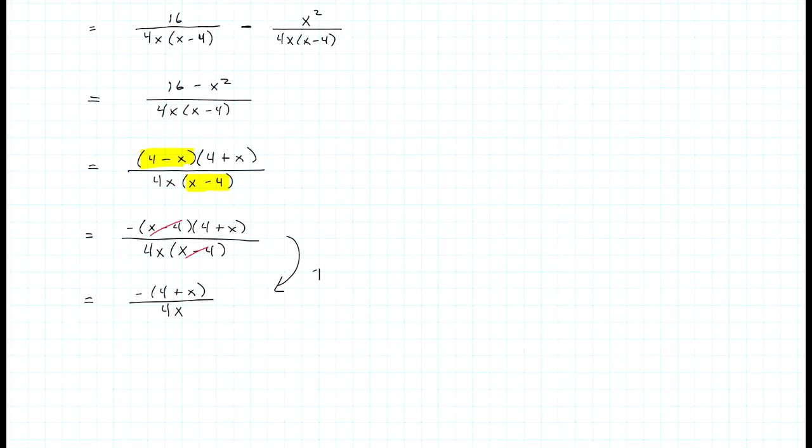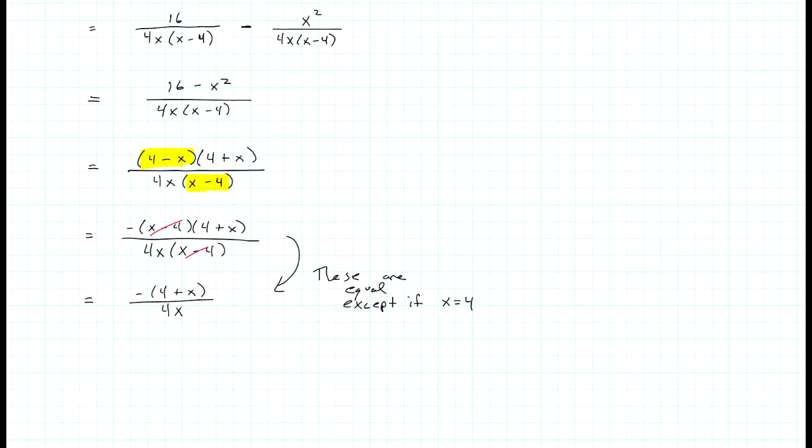So right here, these are equal, except if x equals 4, at which point they differ, right? Because the top one would be undefined when x is 4, while the bottom one is perfectly defined when x is 4.